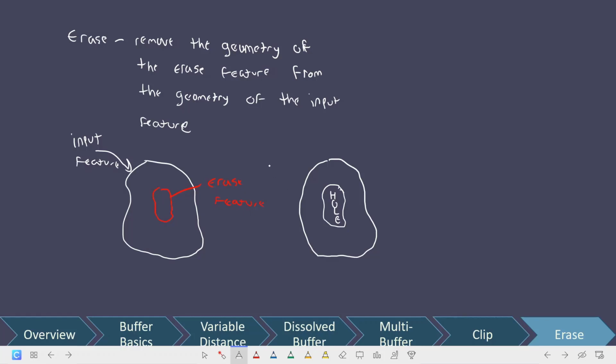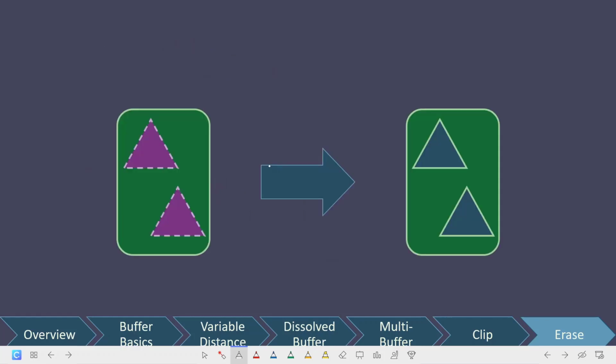So let's look at a little bit better drawn example here. So we have, again, just like before, this green here is our input feature. And this purple here is our erase feature.